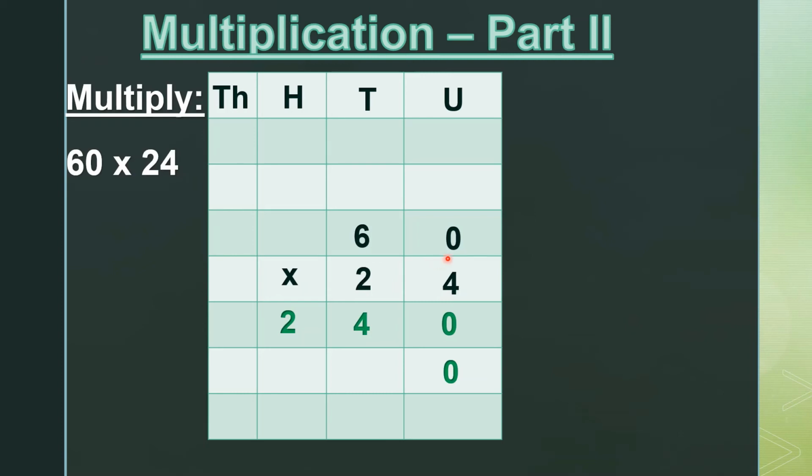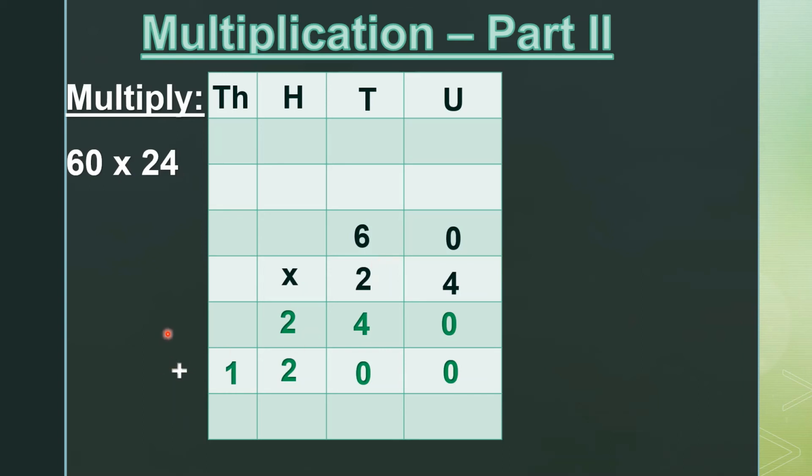2 multiplied by 0, we get 0. But before that, let us write 0 here in units place. Now multiply 2 multiplied by 0, we get 0. 2 multiplied by 6, we get 12.